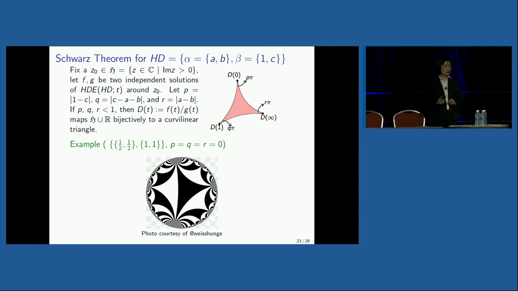Let's start with the middle one. So this is the image of the upper half plane. And you can also imagine the image of the lower half plane will be the white triangle in the middle next to it. Starting from this black and white triangle, we can do reflections. Keep reflecting those triangles at the boundary.